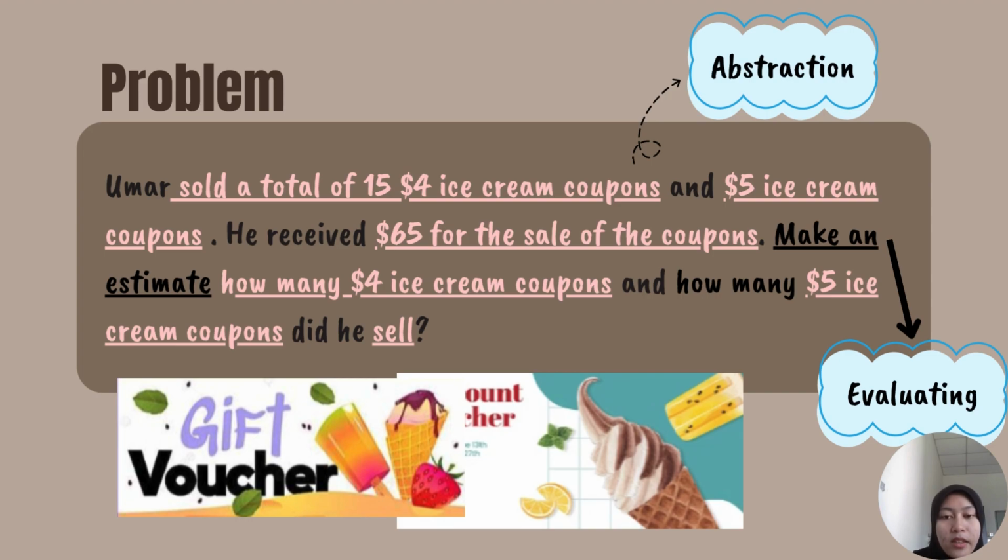Then there is $65 for the sale of the coupons, and they ask how many $4 ice cream coupons and how many $5 ice cream coupons he sold. That is what we need to find. As you can see here, the concept of computational thinking involved is abstraction. And there are the words of evaluating, from Bloom's taxonomy, which are make and estimate.